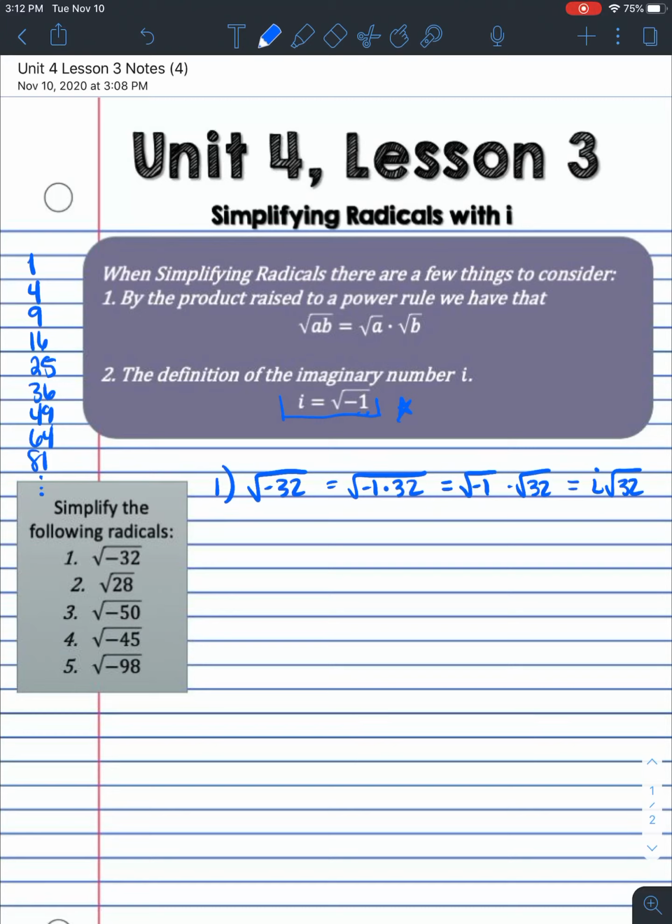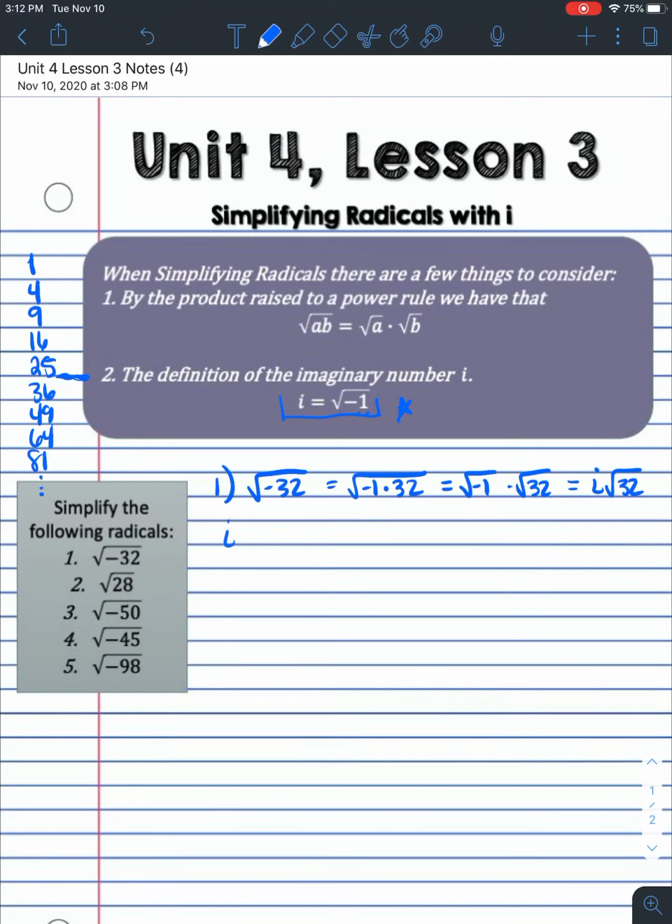So I want to think about what is the biggest perfect square that 32 is divisible by. So 32 is kind of like right here on this number line, right? It's between 25 and 36. So 32 cannot be divided by 25, but 32 can be divided by 16.